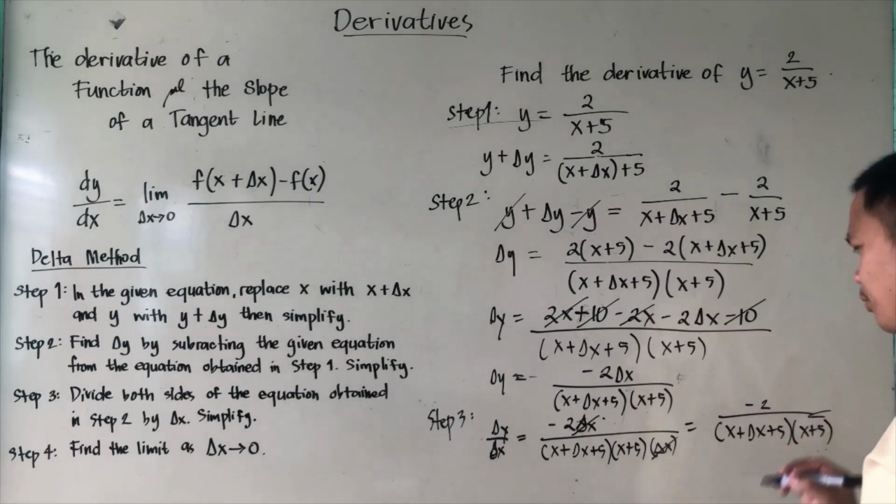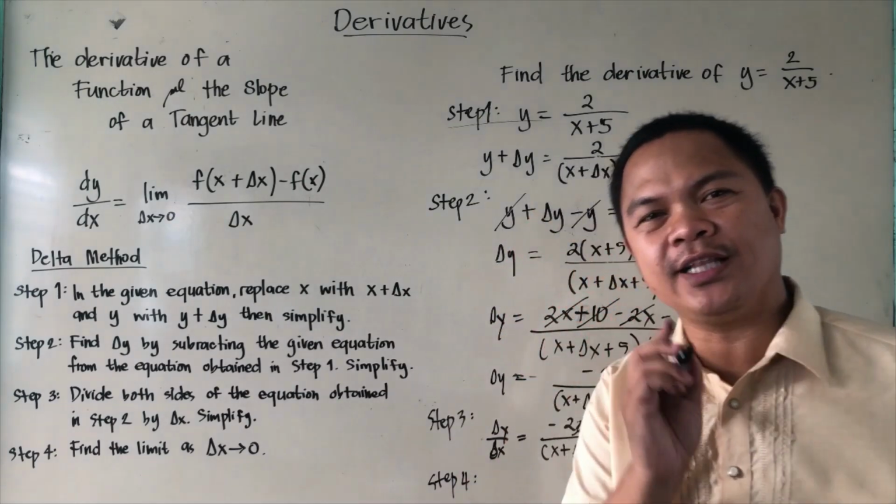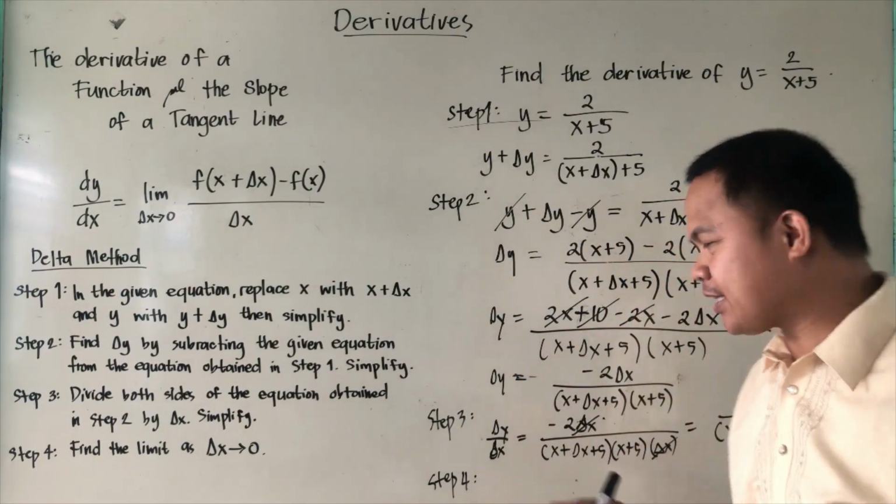The next one is step 4. Step 4 is we have to find the limit of the given function as delta x approaches 0.